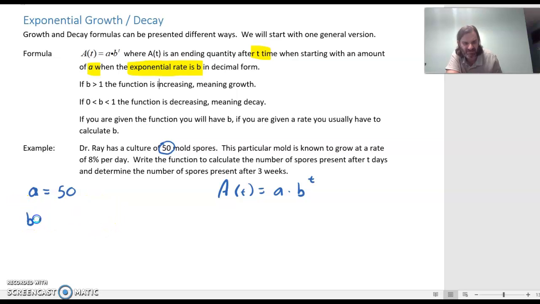Now the b is a little bit more complicated here, because it says we're growing at a rate of 8% per day. Now that is very confusing the first time you see it. But if I was to put in this b position 8% or 0.08, that would just make things get smaller. I would be taking 8% of whatever I had.